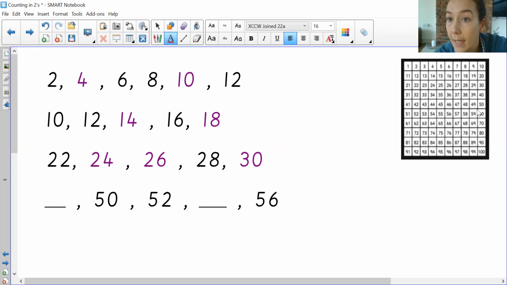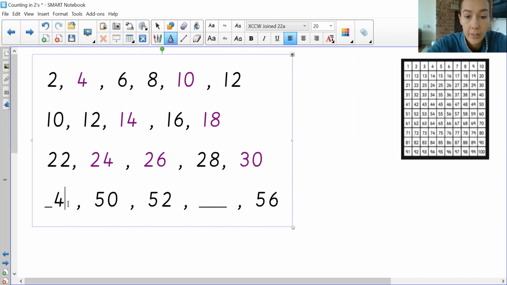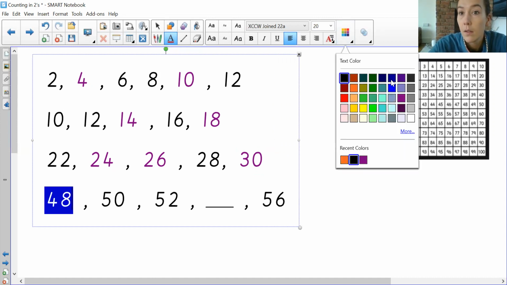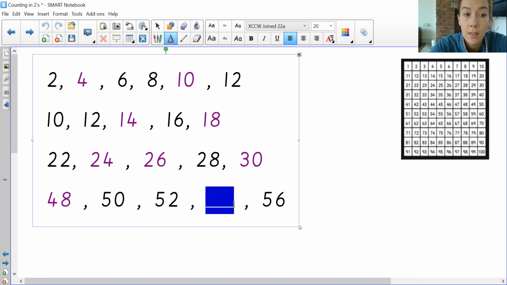Alternatively, you could get your number grid, the splat square like we do in class, and use it to count in 2's down. So that one's going to be 48, everybody. Then 48, 50, 52, 54.